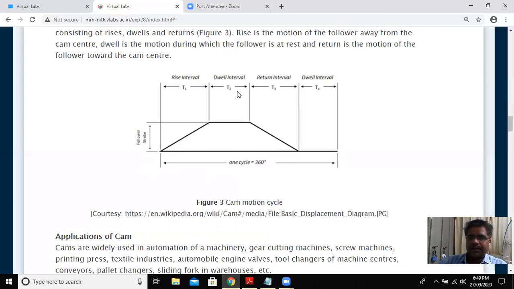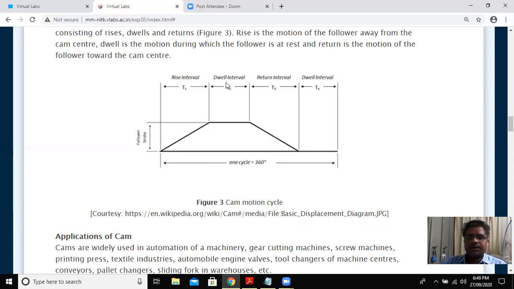For the next 90 degrees, the follower is remaining at its position only. Then for the next, the follower is returning to the original bottom position, and for the next 90 degrees, again it is remaining idle. So this first region is called as the rise and dwell region.